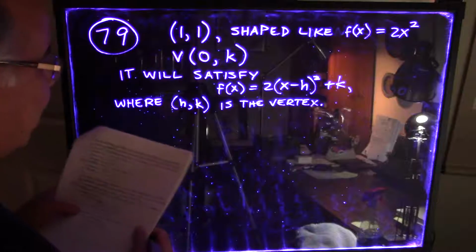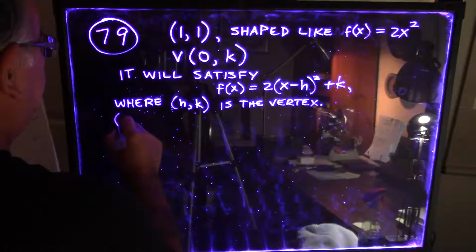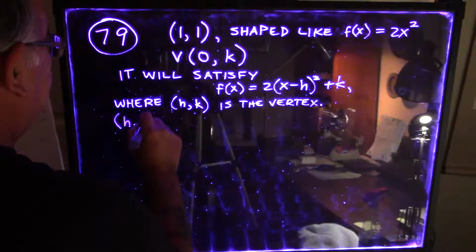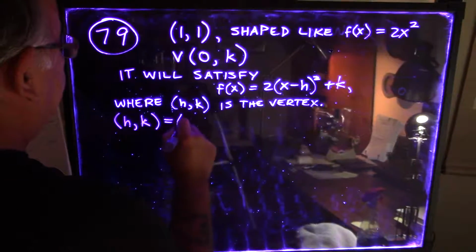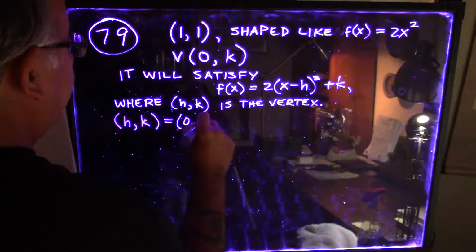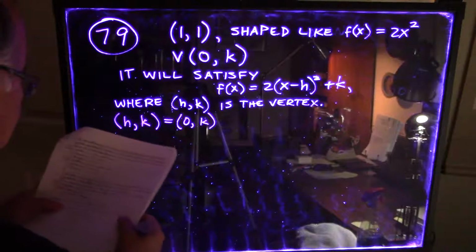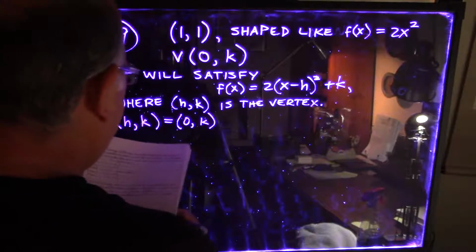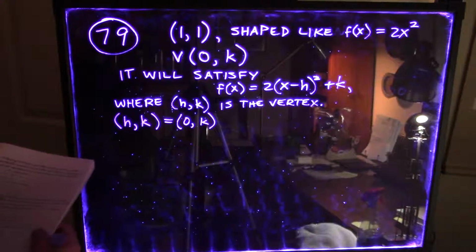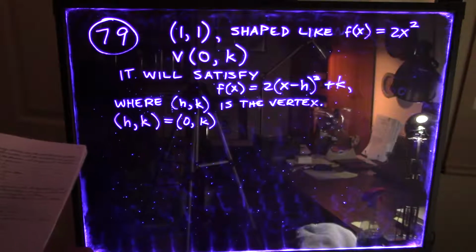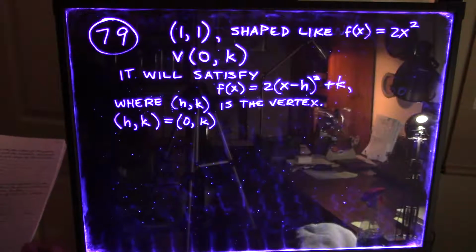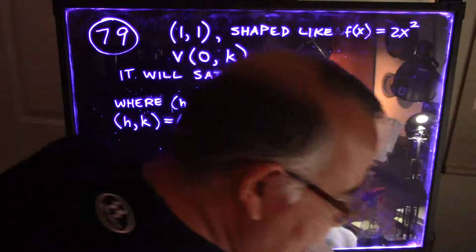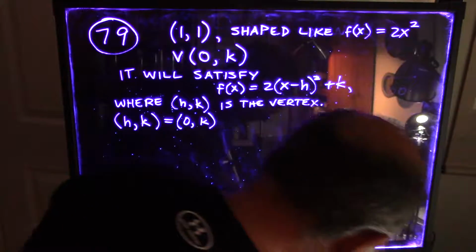So (h, k) equals (0, k), right? What's k? Well, I don't know. We'll find out. Write down what you know. Don't try to write down things you don't know yet, because you don't know. We'll find out. So write down what you know, so you'll know what you know.